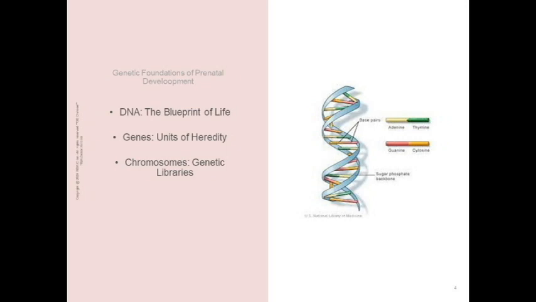Now, let's take a little bit of time and explore how these genes work in creating who we are, particularly in the realm of prenatal development. So, with this, there are dominant and recessive traits. We need to understand the essence of dominance and recessiveness, and we've mentioned a little bit in our previous portion of this lecture.